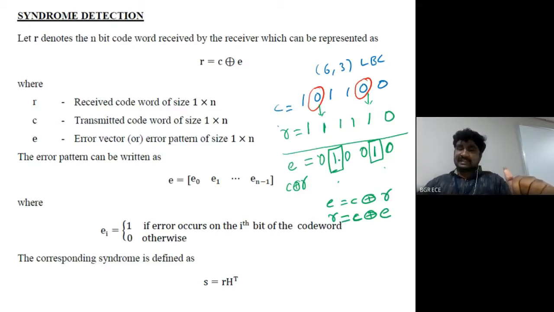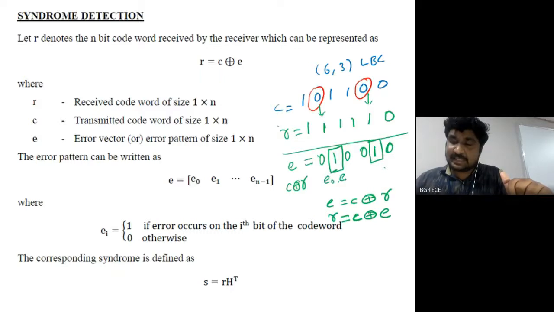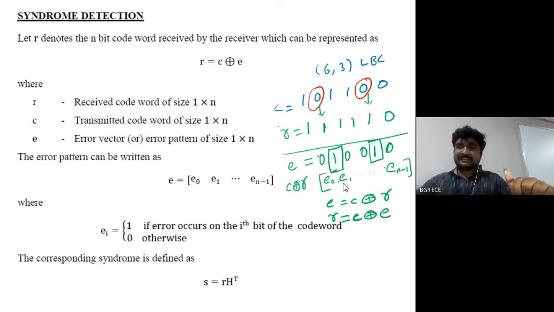Each of the entries of the error vector will be represented as E0, E1 up to En minus 1. The entries of the error vector will be replaced by 1 if the ith bit has an error. If it does not have an error, it will be replaced by 0.